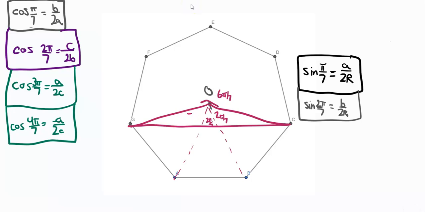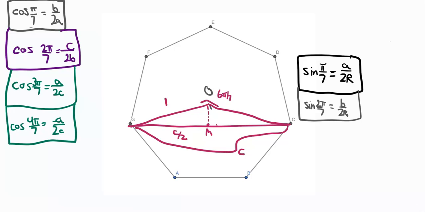Now, with that established, we'll drop the vertex down to here, call it M. In this particular case, that's our new midpoint. GM is going to have a length of C over 2 because the entire length here from G to C is C, because we're skipping 2 vertices.